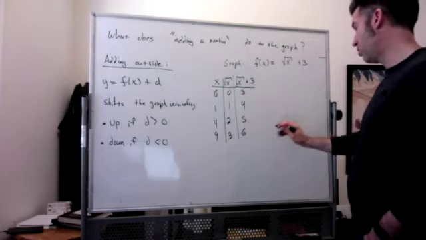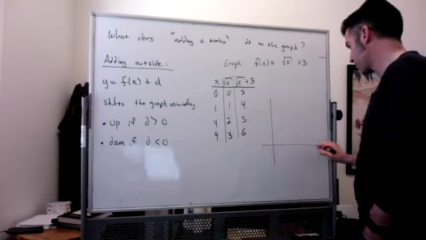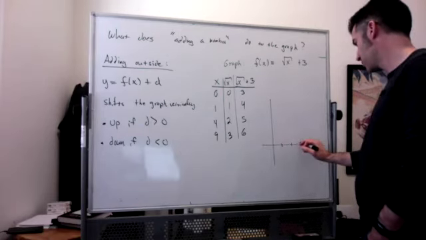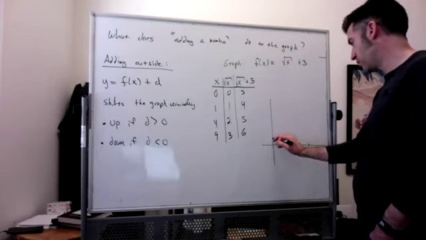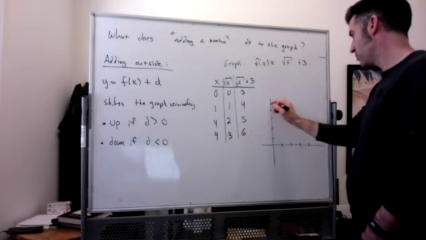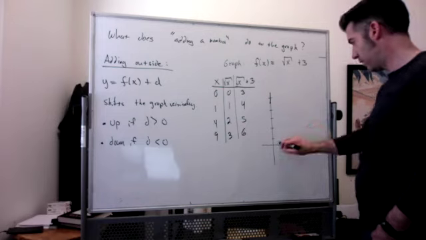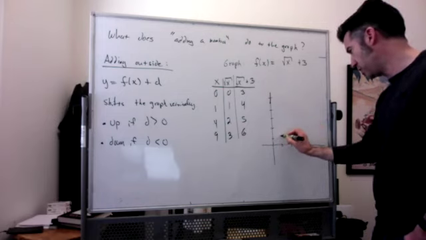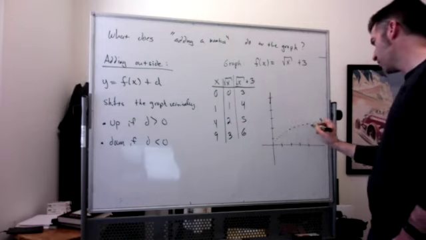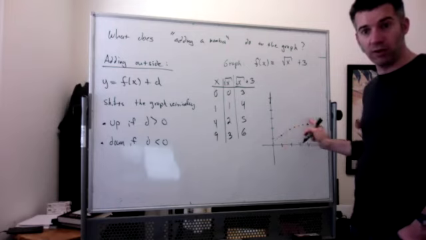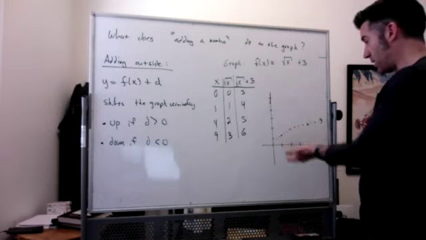So I'm just taking my whole graph, which would normally look like this. Right, here's my dashed parent graph. There's my usual square root function, but now it's all going to get lifted up 3.